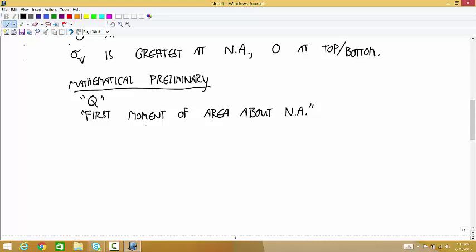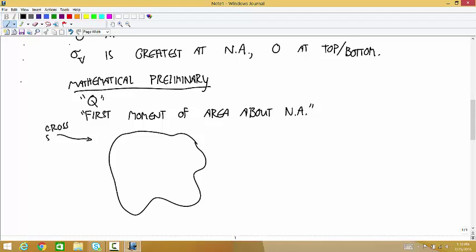And the best way to give the definition is just to draw a picture. So if this is the cross section, and this is the neutral axis. Remember, the neutral axis has to go through the centroid.